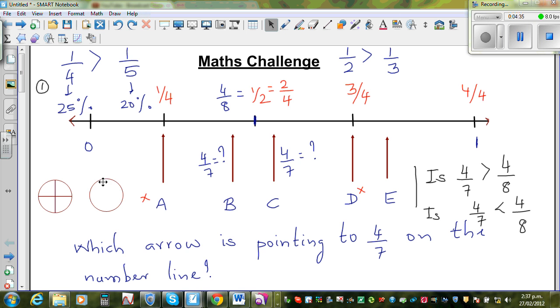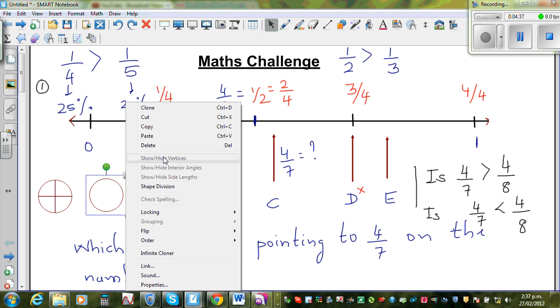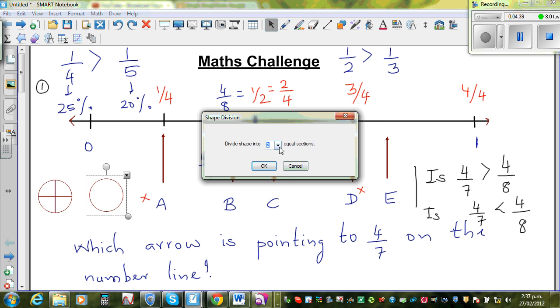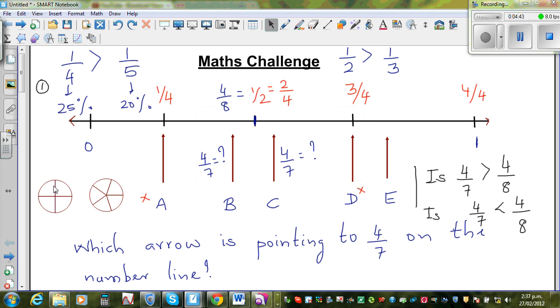So this is a quarter, and this I'm going to divide into fifths. If I divide into fifths, this is a fifth. So this is a quarter, and this is a fifth. Okay, so which is greater? This is 1 quarter, and this is 1/5. So you can see 1/4 is greater than 1/5.